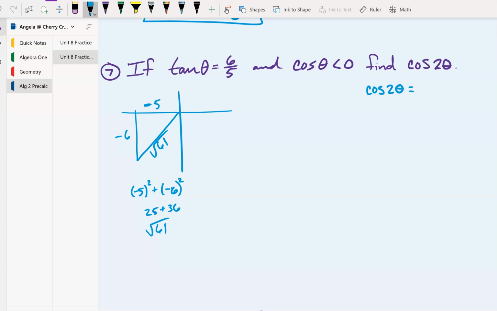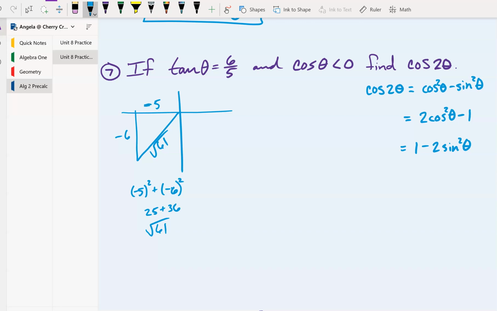It is equal to cosine squared minus sine squared, right? It is also equal to 2 times the cosine squared of theta minus 1. It is also equal to 1 minus 2 times the sine squared of theta.